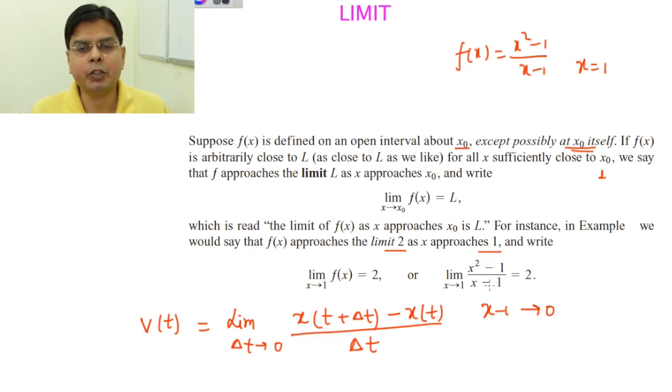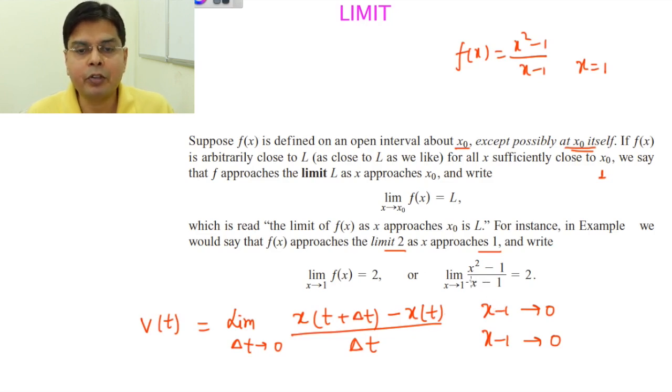And I can assure you that 99% or even more than that, almost all questions of differential calculus or limit or finding the differential coefficient, everything boils down to removing this x minus 1 from the denominator. And why? Because when x minus 1 or something like this is sitting in the denominator and it is tending to 0, you cannot divide by 0.